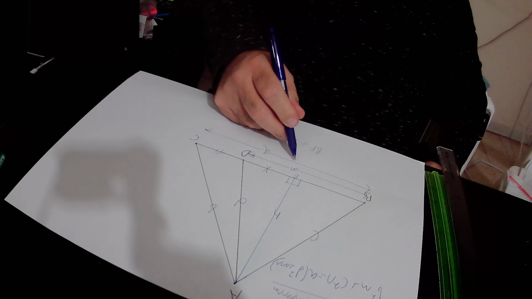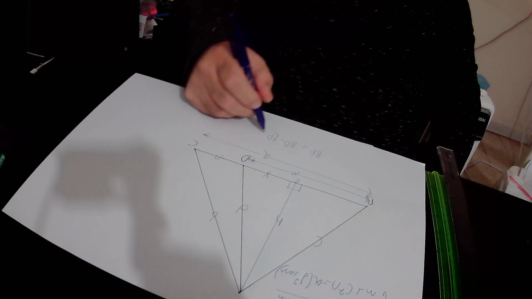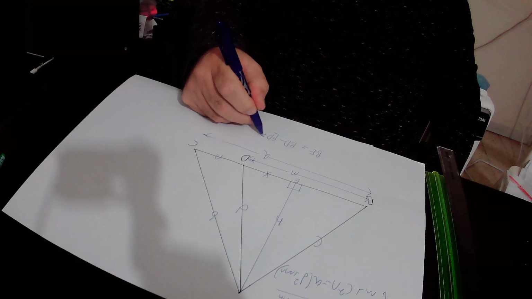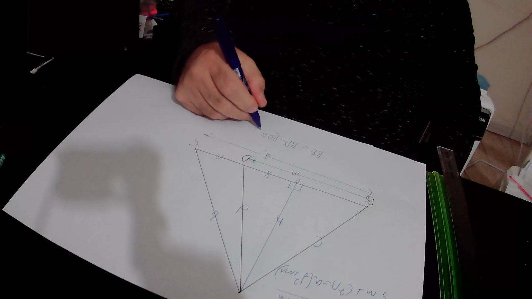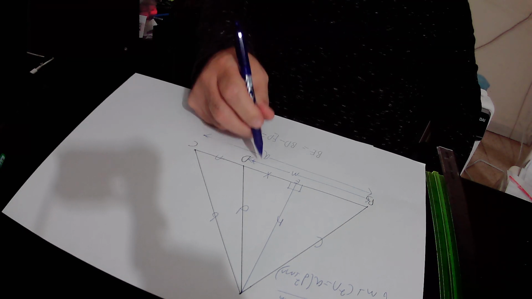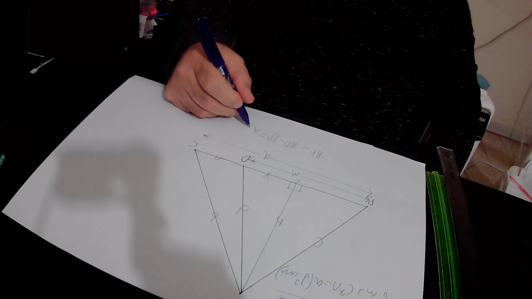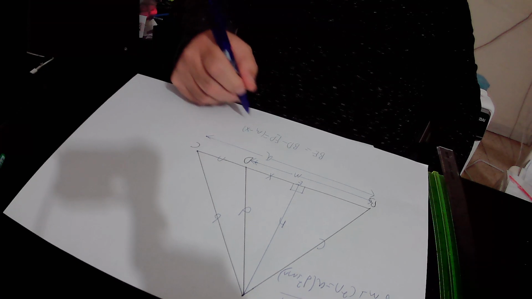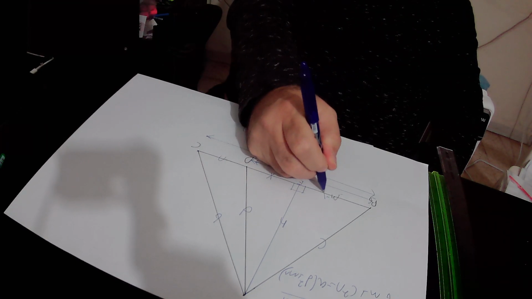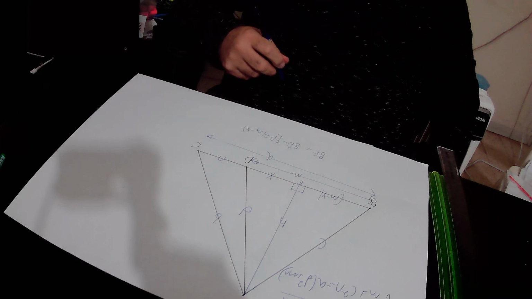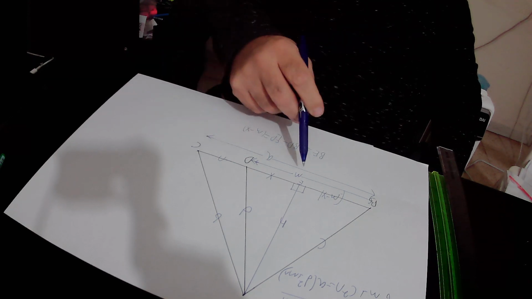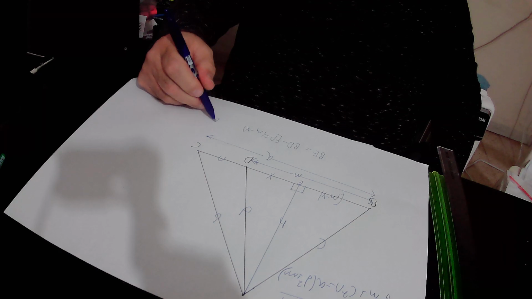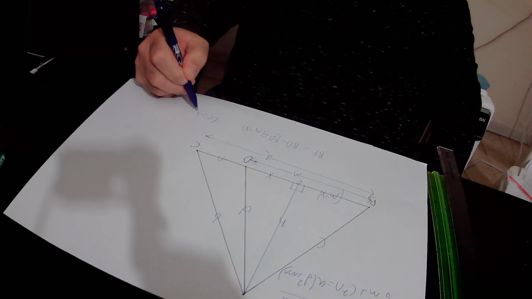BD equals M units, according to what is given, and ED equals X units according to our definition. So in total, BE equals M minus X. Here, line segment EC equals X plus N.